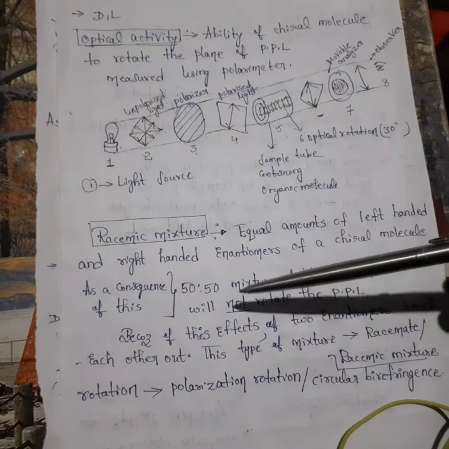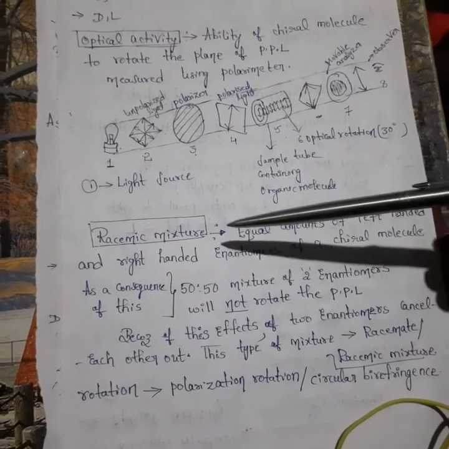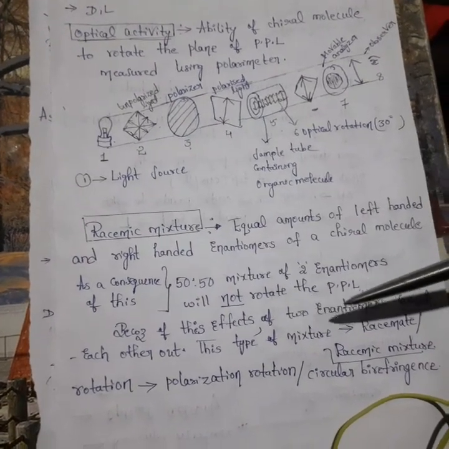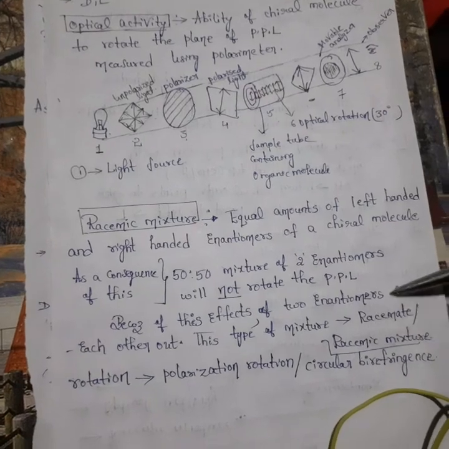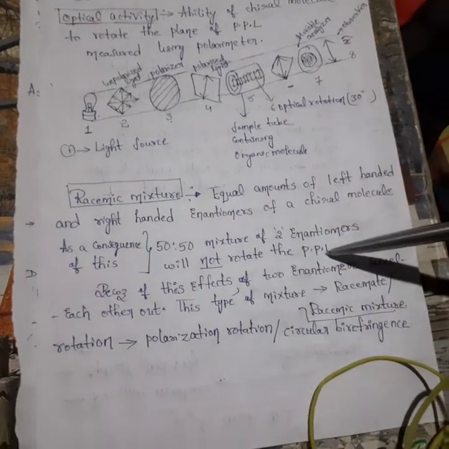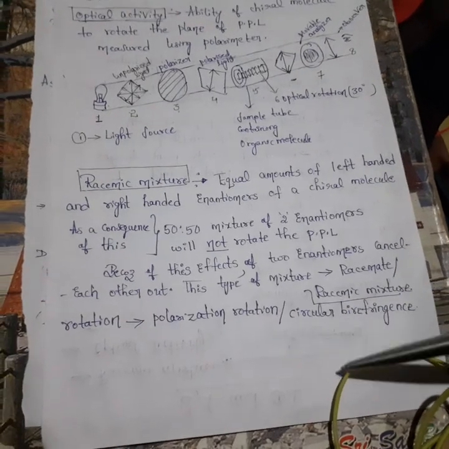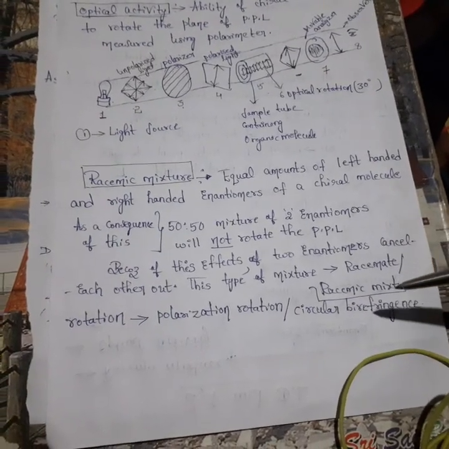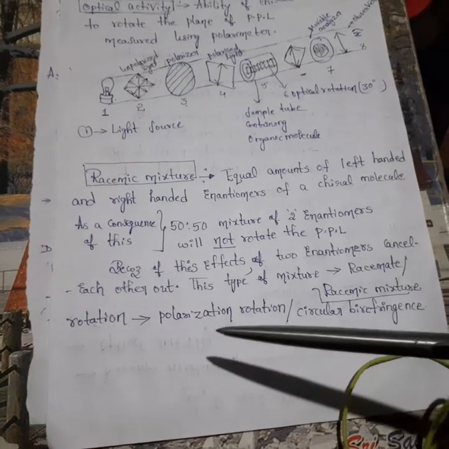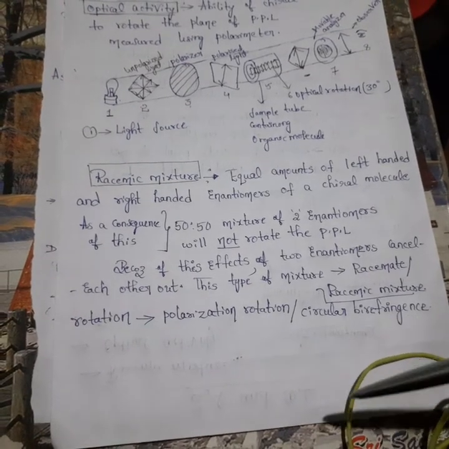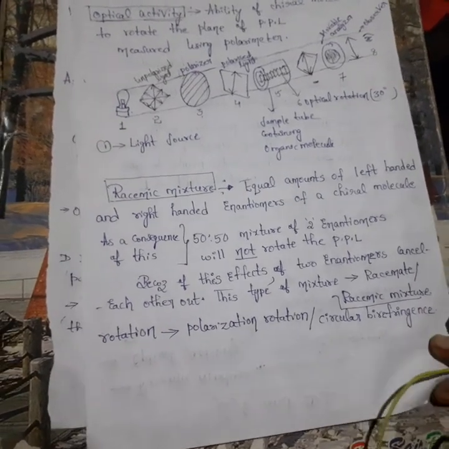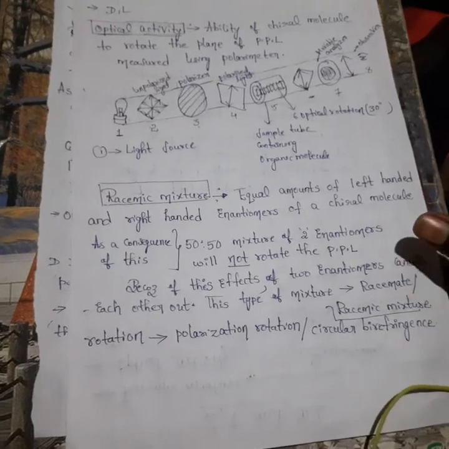This type of mixture is called a racemic mixture or racemate. And this phenomenon of rotation is called polarization rotation or circular birefringence. I think it is clear about the racemic mixture.